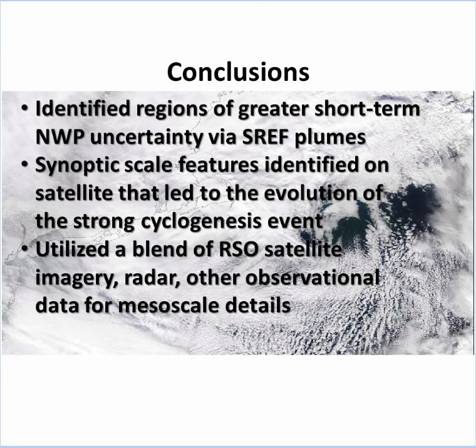In conclusion, we identified regions of greater short-term NWP uncertainty via the SREF plumes. We looked at synoptic scale features identified on satellite that led to the evolution of the strong cyclogenesis event. And we utilized a blend of the satellite imagery, radar, and other observational data for these mesoscale details.